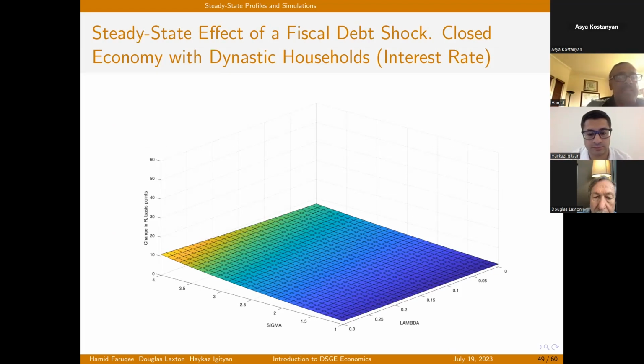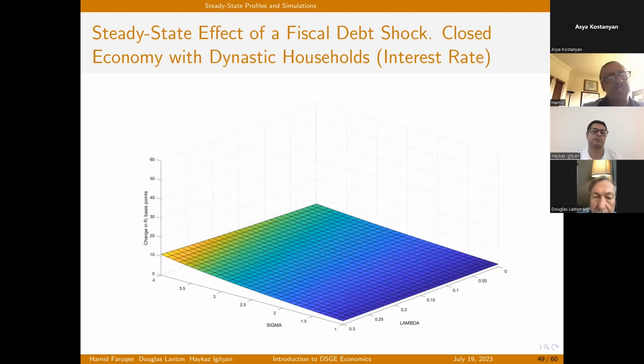The XY axes on the horizontal plane relate to sigma, the CRA parameter, and the degree of liquidity constraints, lambda. So for example, lambda goes from 0, no liquidity constraints, up to 30% of the population being liquidity constrained. And then we choose different values of sigma, as you can see here on that other axis.